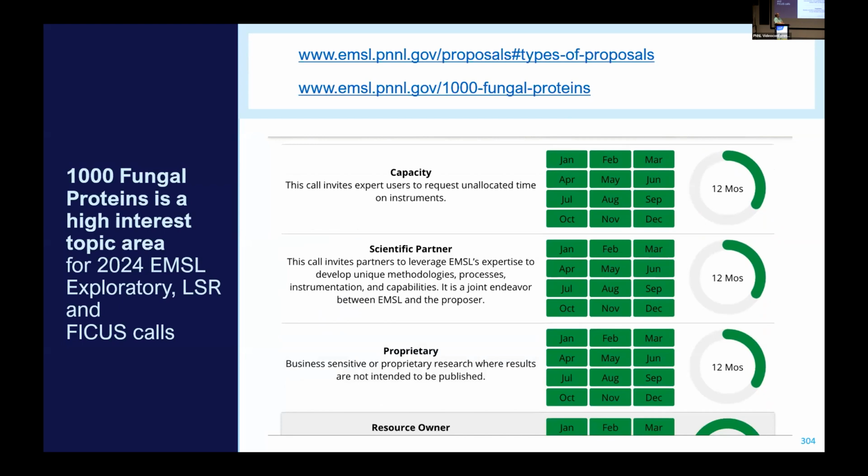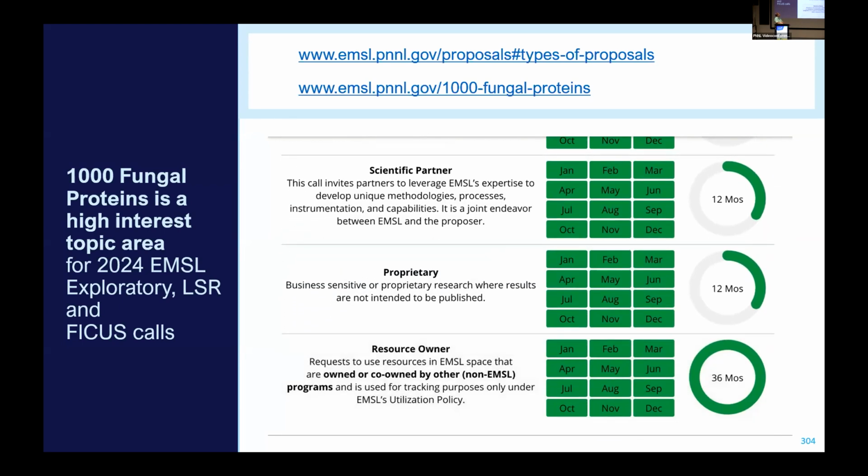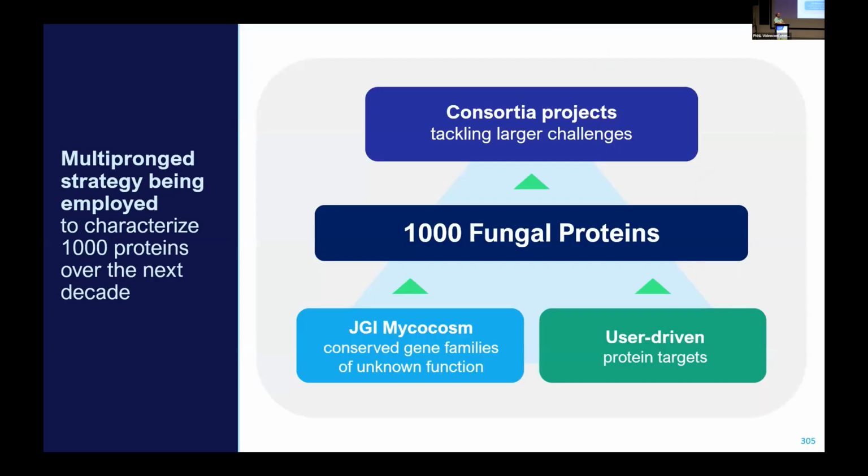The 1,000 Fungal Proteins Project, because it is a strategic focus for the next decade, is a topic of high interest for all of the FY24 calls and will be for FY25. We have created a separate website up at the top that provides additional information and contacts for myself and Scott Baker, so that you can contact either of us, the co-leads, to get more information.